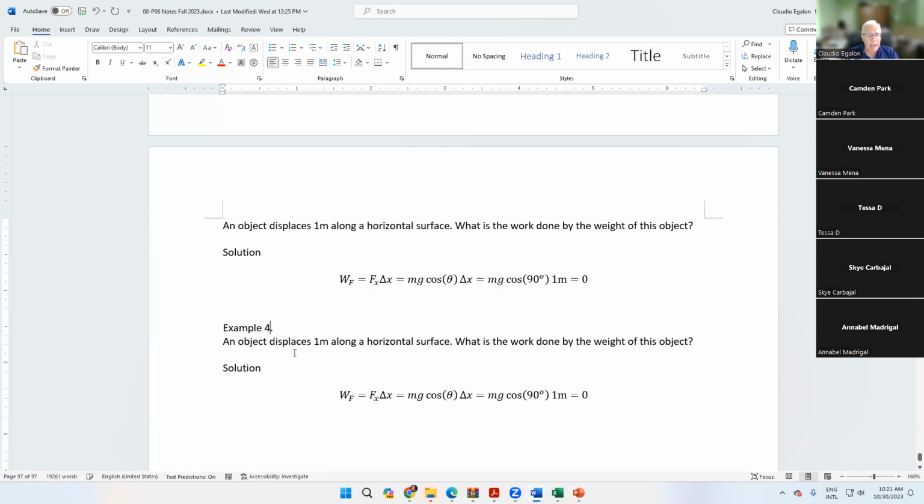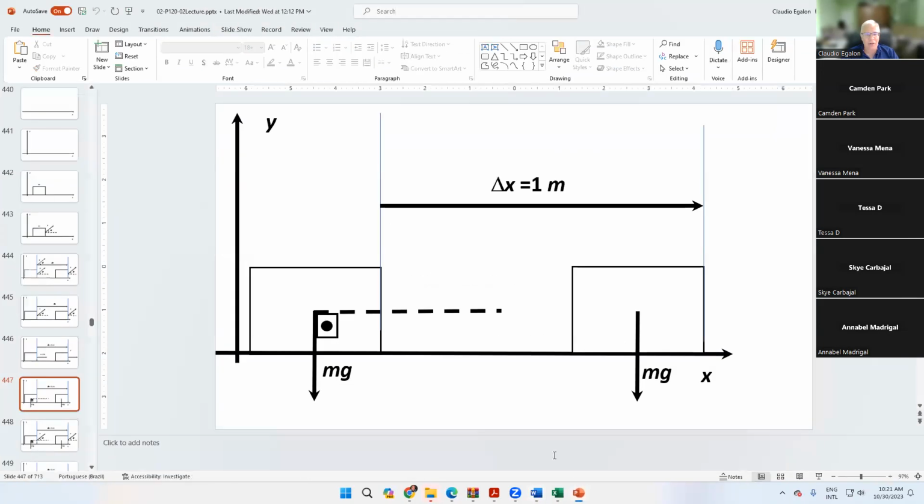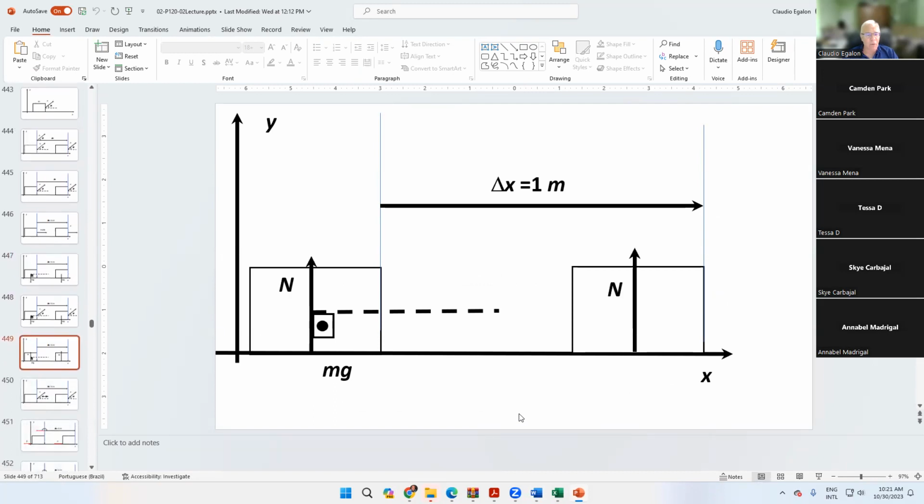Example 4. An object displaced 1 meter along a horizontal surface. What's the work done by the normal force applied to this object? The normal force we did for the weight. Now let's do that for the normal force right in here.